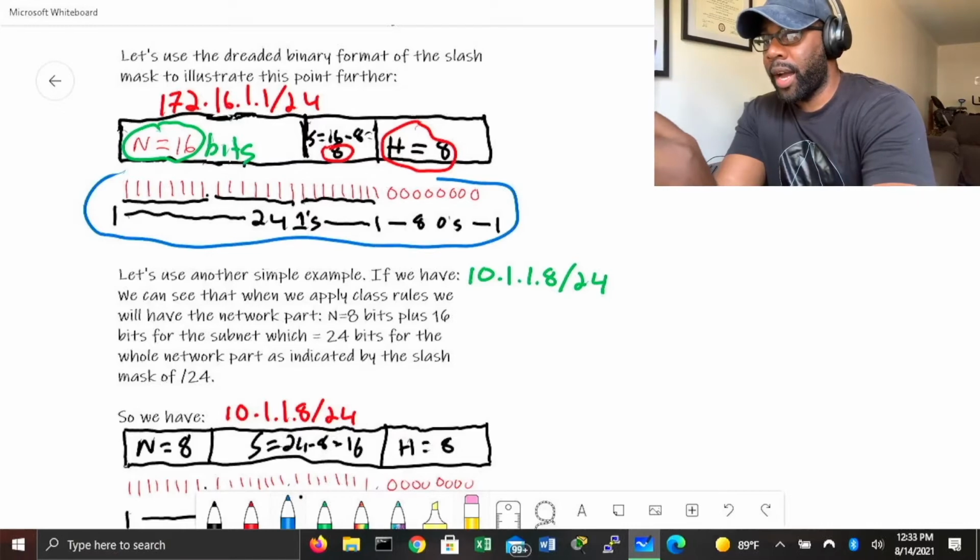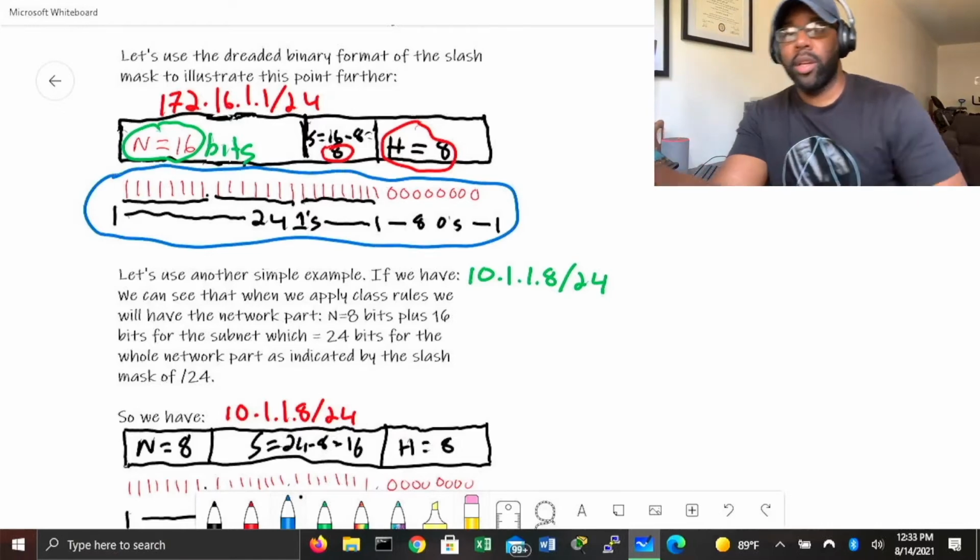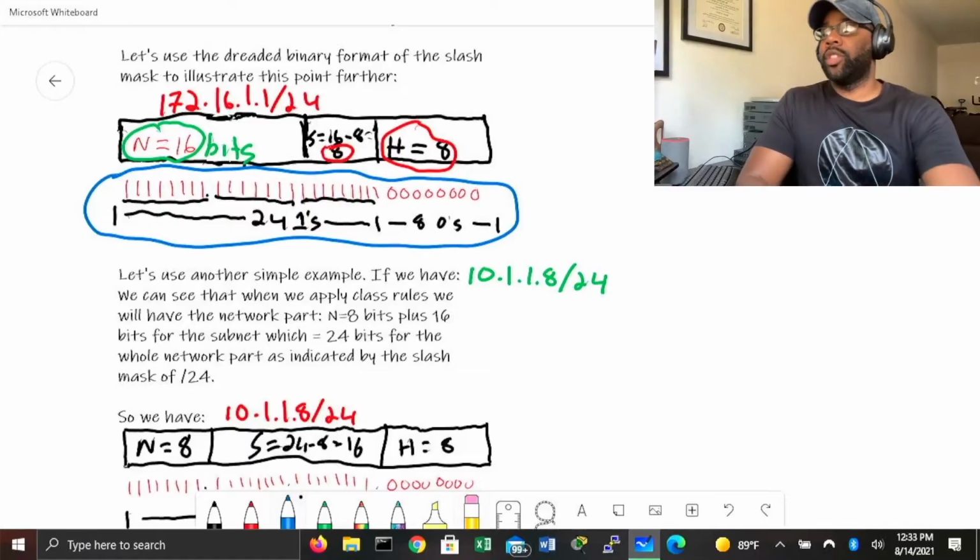This is why we did our conversions and different forms of formatting when it comes to our subnet mask in the last video, because they really help us to identify the different parts of the IP address in tandem with other information such as the classes of the IP address, right?